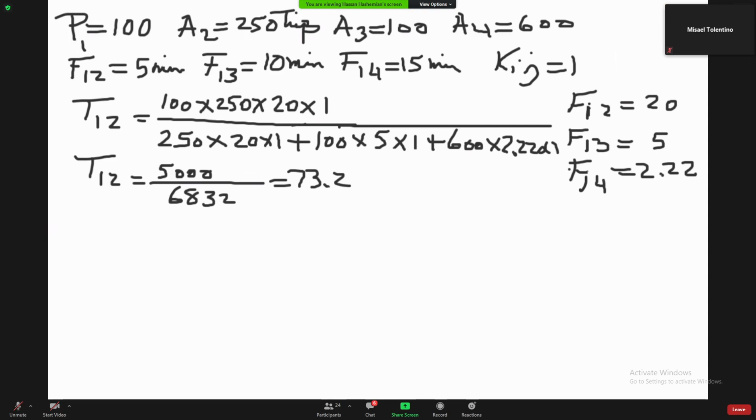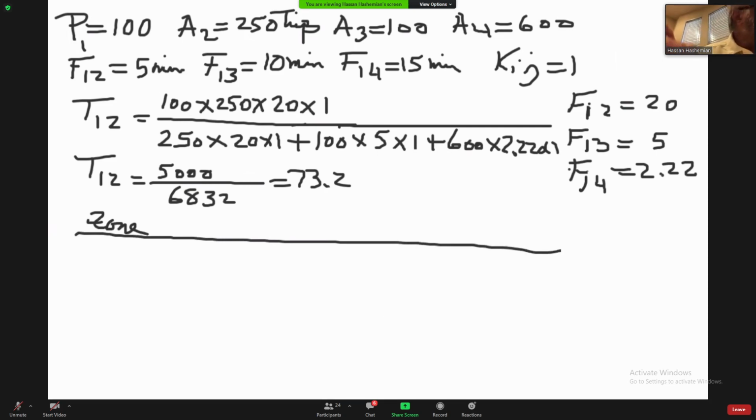Okay. So you can do it this way. Then you can find T13, T14, and when you add them up, it will be 100. Another way you can do it, that your book did, is to just tabulate it, which is the same thing. So they put the zone here, then they put your Aj, then Fij, and then Aj Fij.